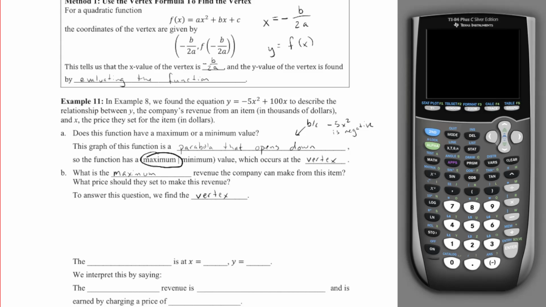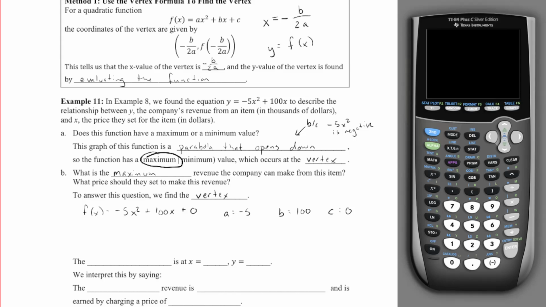And I'm going to use the vertex formula. My x-coordinate is, well, let's look at my function again. Right, I have f of x is negative 5x squared plus 100x. And I'm going to fill in the plus 0 because that makes it easier to see that in the form for the standard quadratic, we have a is negative 5, b is 100, c is 0.